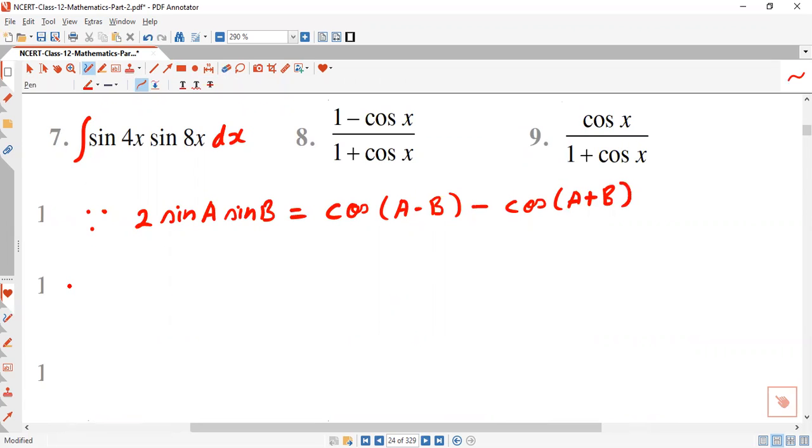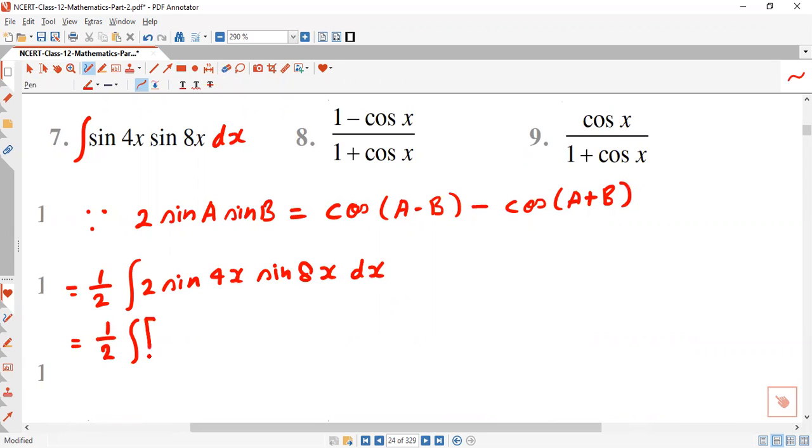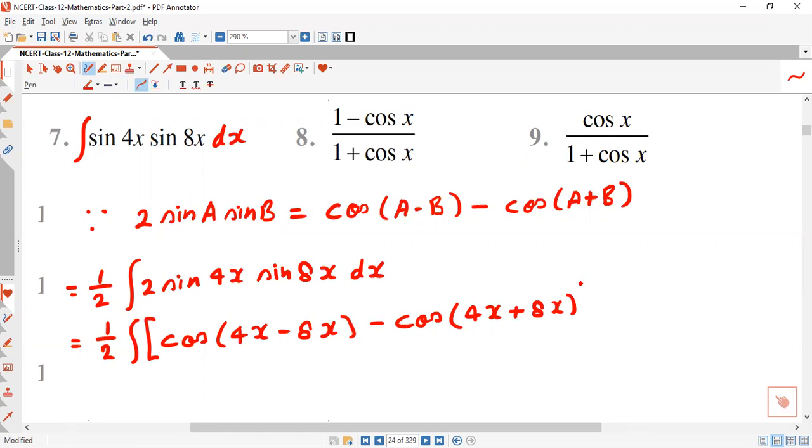So this integration becomes 1 by 2, 2 times sin 4x sin 8x dx. Now you apply the trigonometric formula here. It becomes cos(4x minus 8x) minus cos(4x plus 8x), and bracket closed.